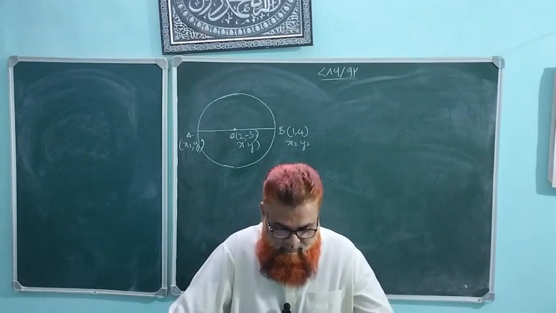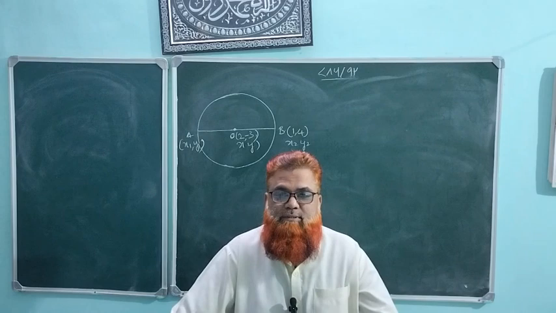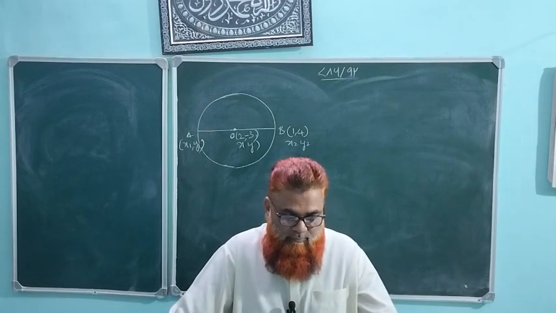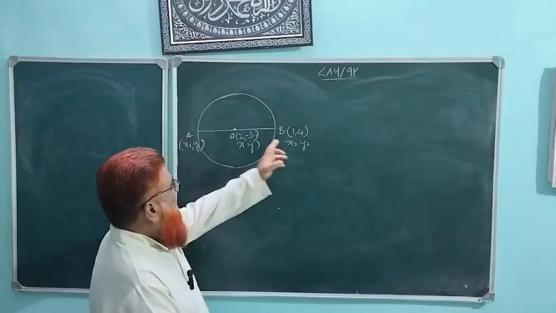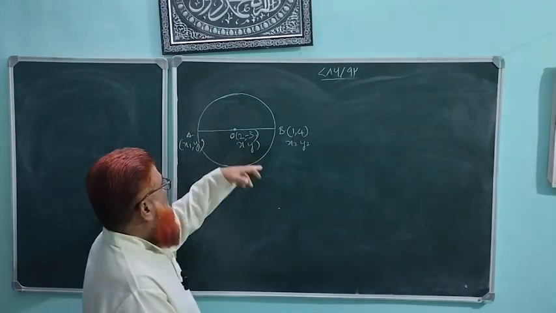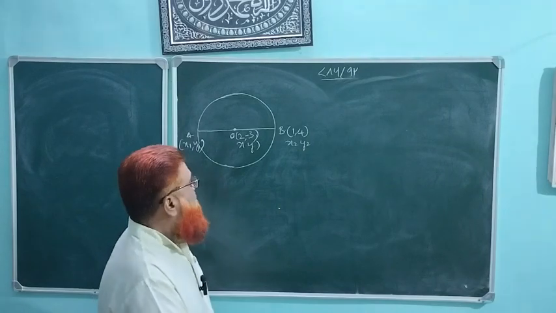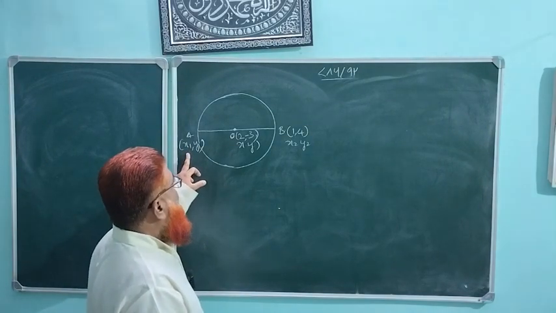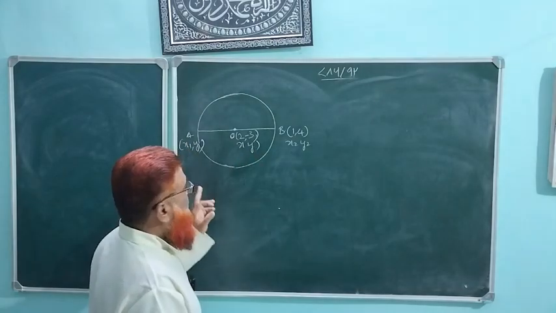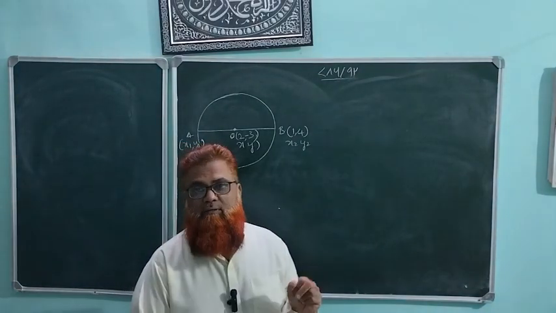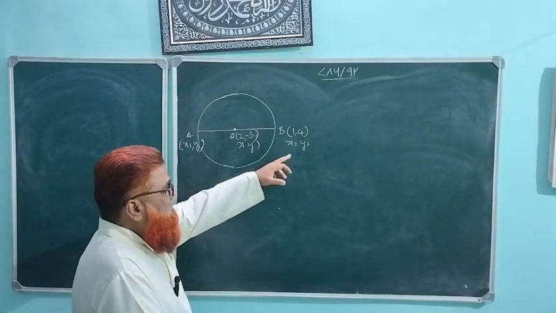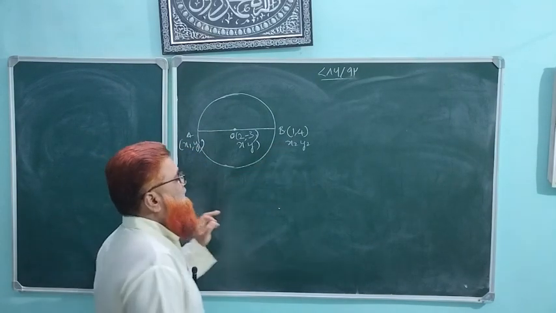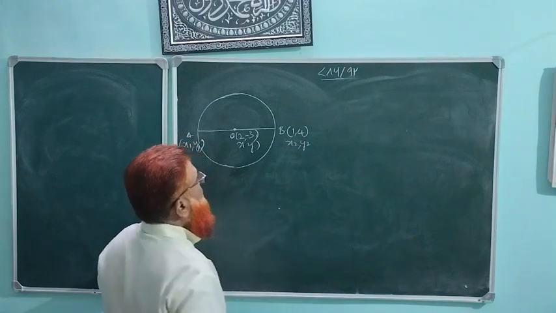Today I have selected a problem from your textbook. A diameter has endpoints A and B. The point A has coordinates x1, y1, and the point B has coordinates x2, y2.